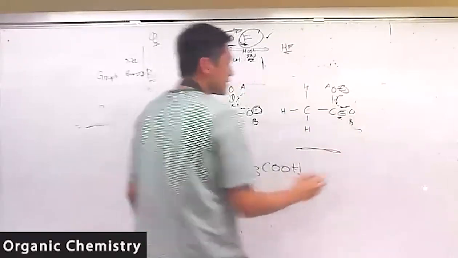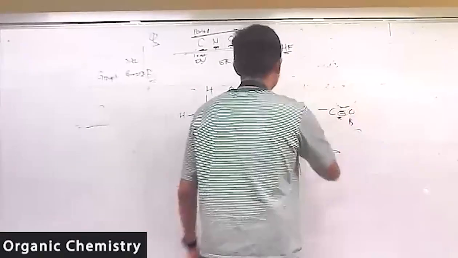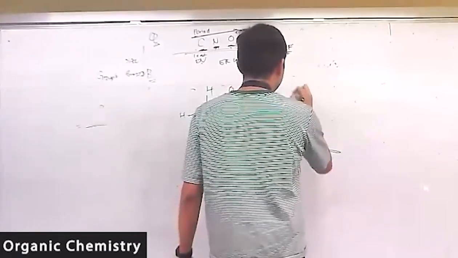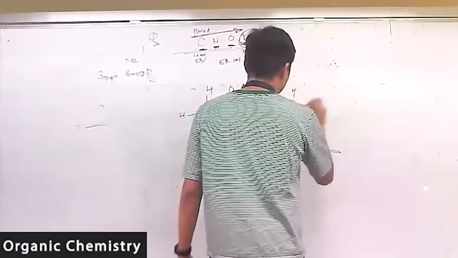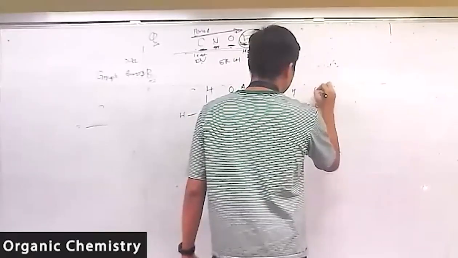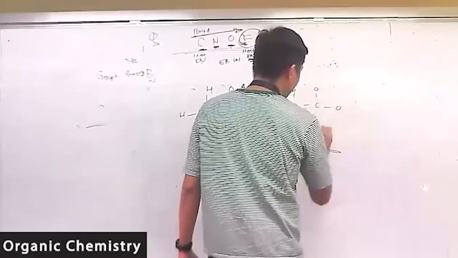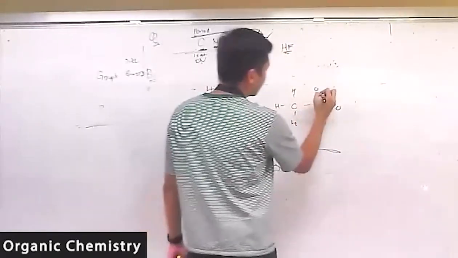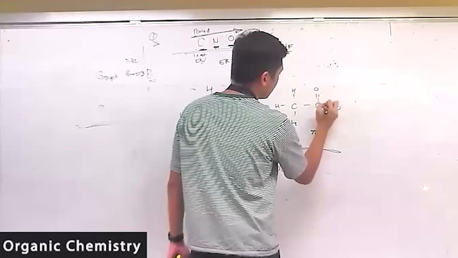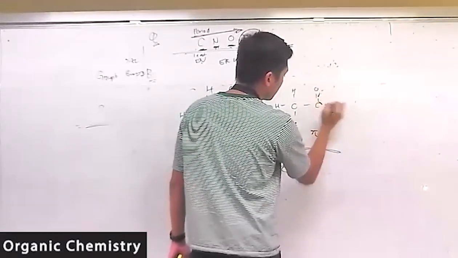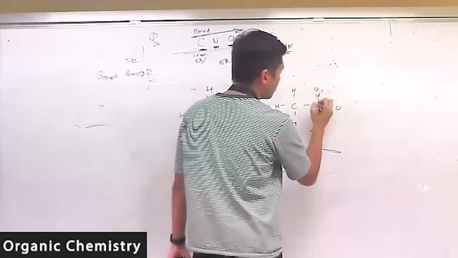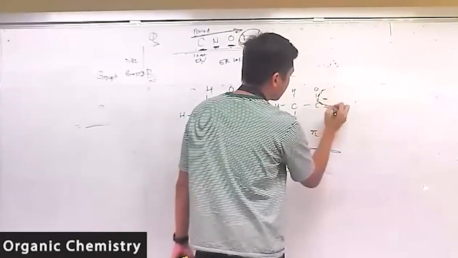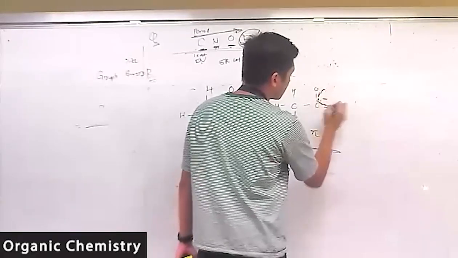And when you zoom in to the molecular level, that pi bond, that double bond that I was talking about, is shared between two oxygen atoms. So that negative charge is also shared between two oxygen atoms.